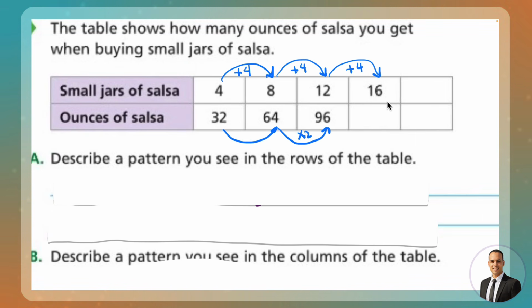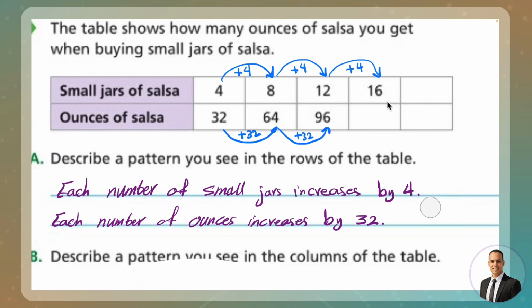So it is not a good idea. Here it's adding 32, because 32 plus 32 equals 64, plus 32 equals 96. So what should we write here? We can say each number of small jars increases by 4, each number of ounces increases by 32.